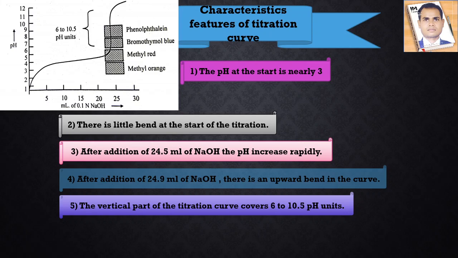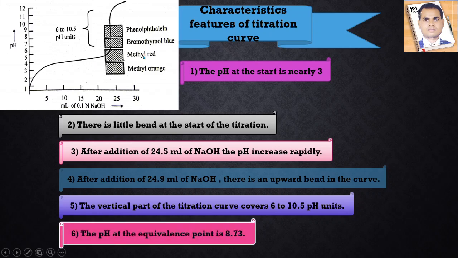So obviously the equivalence point lies between 6 and 10.5, and it is 8.73. So for this titration the equivalence point is 8.73. Now in that region we have to see which indicator is the best for this kind of titration, that is, the choice of indicator.